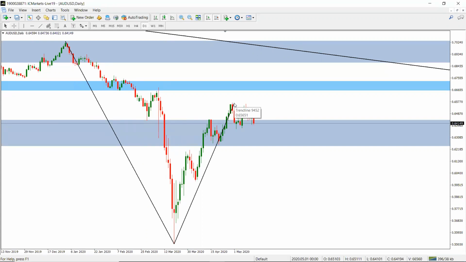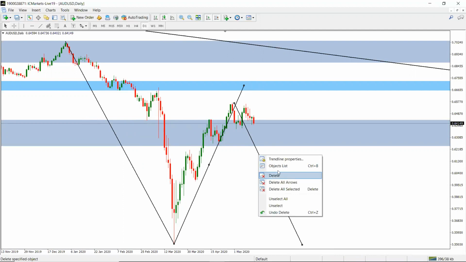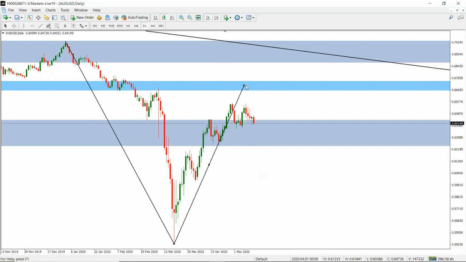Now the question is, could this be an exhaustion? You remember the 61.8 was broken before, and now it has been respected back. Could this be the end of an exhaustion for a further push to the downside, or could this be the continuation of a push to this point, for price to break above it and give us the exhaustion we're waiting for, then push price to the upside?